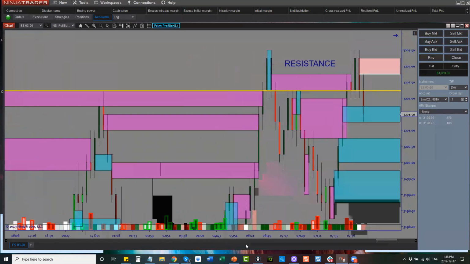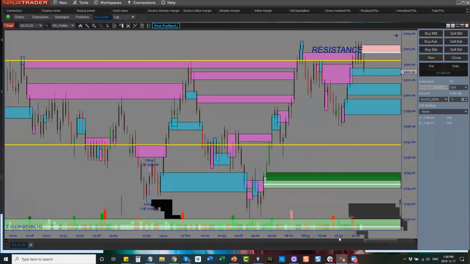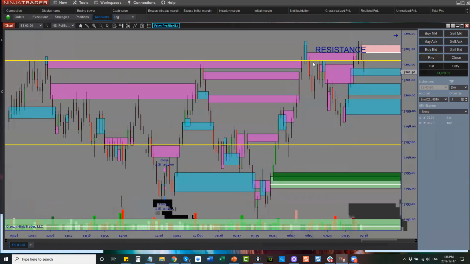Now, what's really interesting is that if we know we've got resistance up here, do we really want to be buying demand levels where big sellers are expected to step in? Think about it.